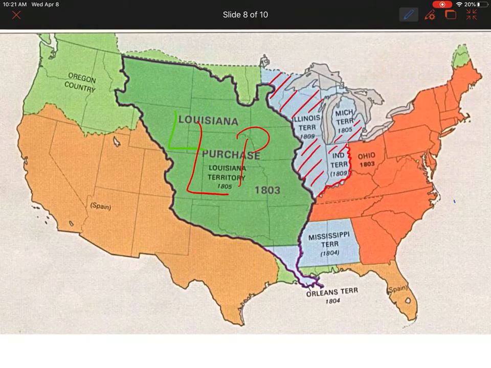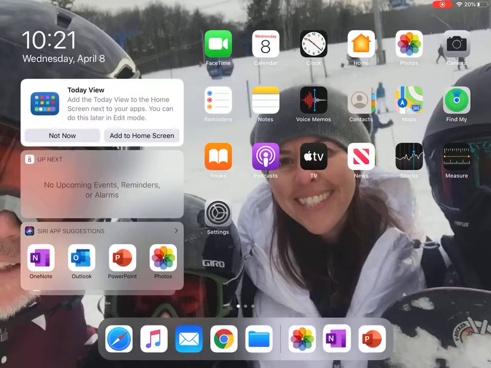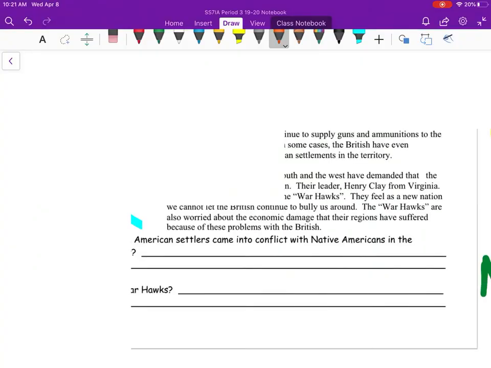Those are the territories that were known as the Northwest Territories during this time period. And it's here, all along the Great Lakes, bordering the Mississippi River, that the British began instigating Native American attacks against American settlers that were moving into that region. Big time bully move.